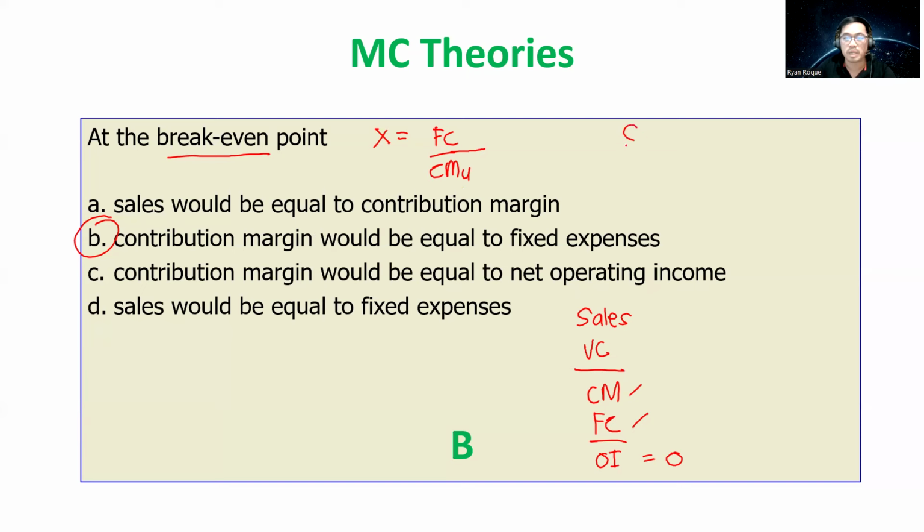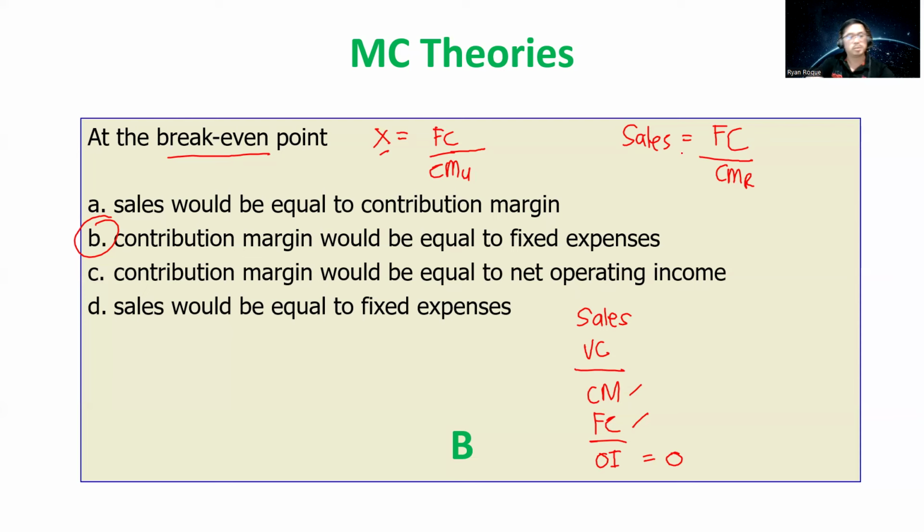But if you are asked for the amount of sales to break even, the formula would still be almost the same. It's just fixed cost over, this time, the contribution margin ratio. It's easy to remember. If it's break even in terms of units, the denominator should be CMU. And if it is in sales, the denominator should be the ratio.